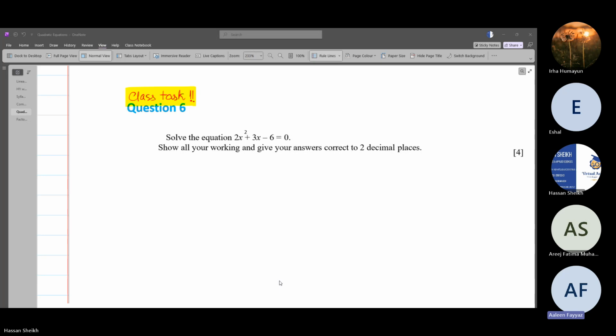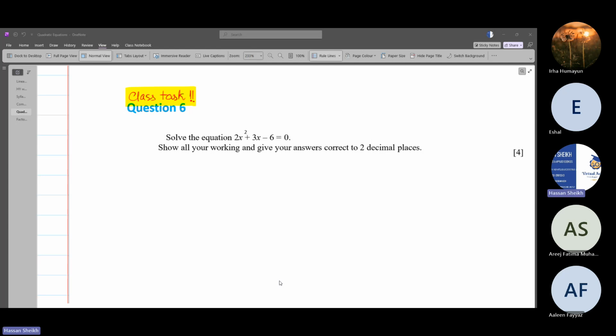For x1, it's 1.14, and for x2, it's negative 2.63. Your second value is wrong. Check again. Did you round it off to two decimal place? No. Sir, it would be minus 2.64.